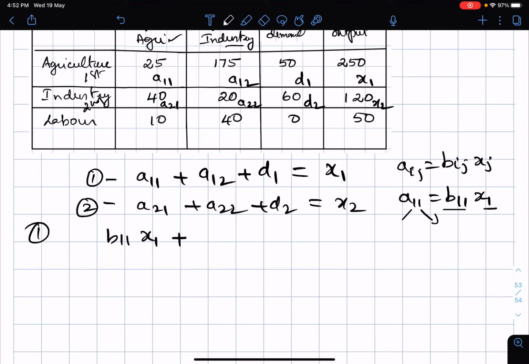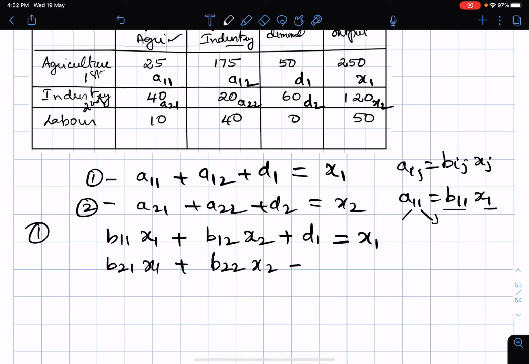So x1 plus, instead of a12, it is going to be b12 x2 plus d1 equal to x1. Second one, a21 is going to become your b21 x1 plus b22 x2 plus d2 will be equal to our x2. So this is our structural equation.